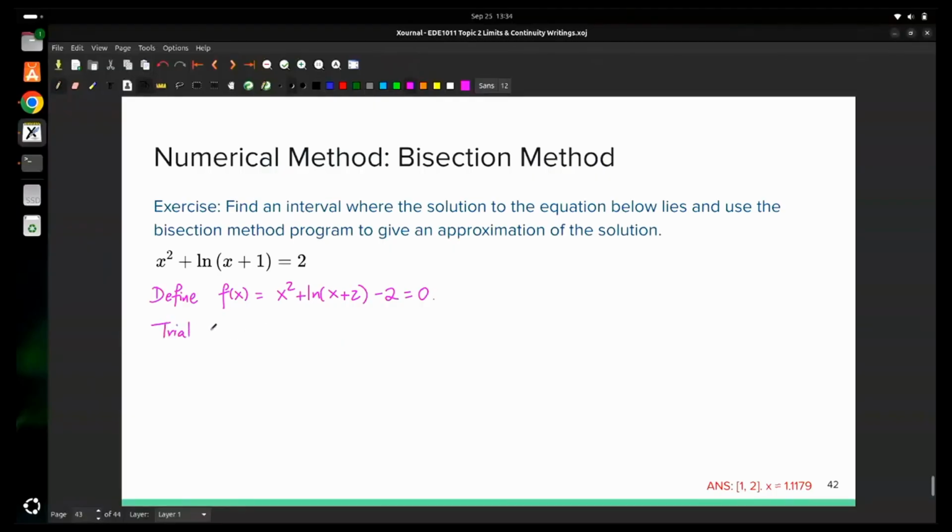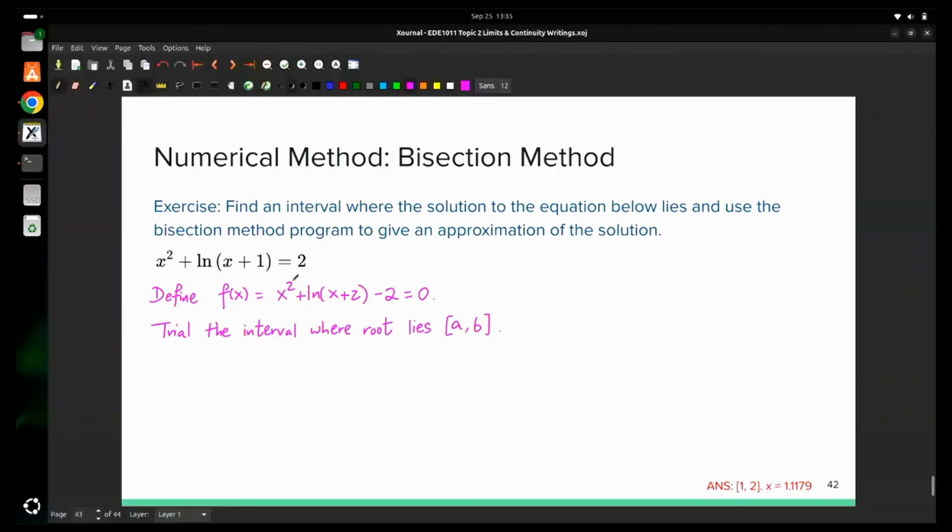Now I need to trial the interval where the root lies. So basically, I'm trialing the interval AB. I don't know where AB is, but I can just trial. Just by looking at the equation, the function is not too complicated, but you notice that as your x goes big, it's going to be positive.